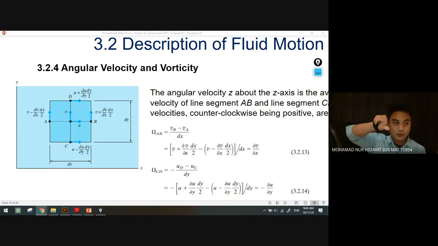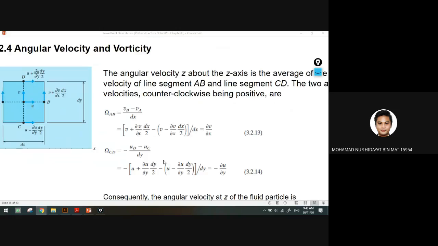It is downward. Remember, downward thumb is always negative. That is why from C to D is negative, and from A to B is positive. This is not mentioned at all, but we know already it is positive.